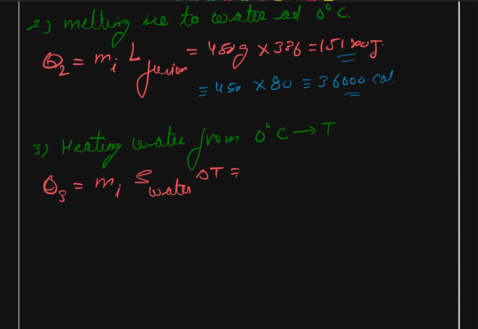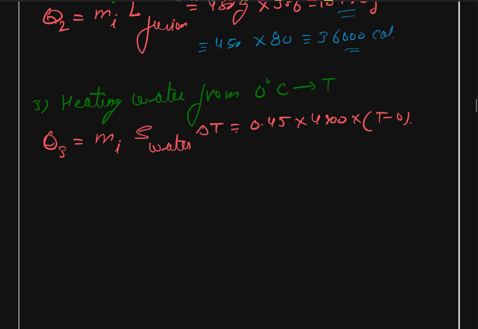M of I is our 0.5 kg and this is our 4200. Difference in temperature is T minus 0, so we get Q3 will be equal to 1890 T, and this is in joules. And we can also write in calorie. We can write this as 450 T calories.